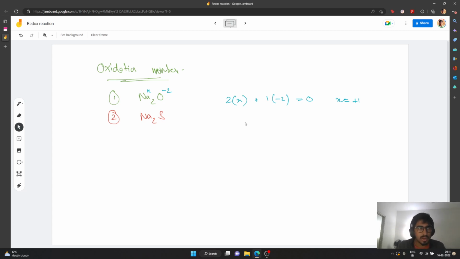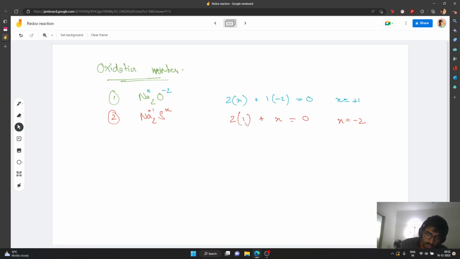Which one is group 1? Na is, right? So Na will be +1, and S we don't know, so it is X. So here the same thing. With two atoms of Na each having +1, and S you don't know, right? And then you get X equal to -2. So here S will be -2.